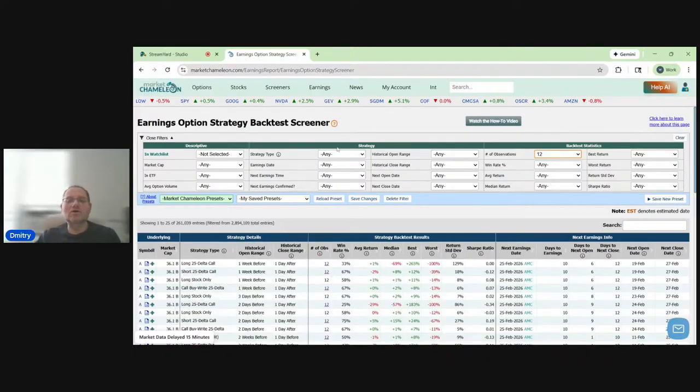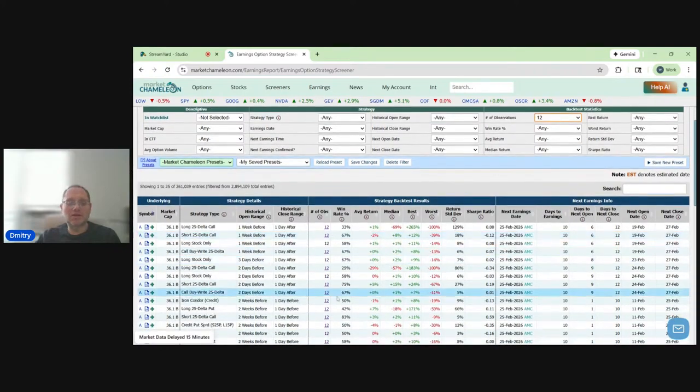And we have our filters up top and the data elements below. And what this does is look back historically for a particular stock around earnings, uses the actual options, takes a strategy, for example, straddle or a call spread or just a call or put, and tracks that strategy around earnings.